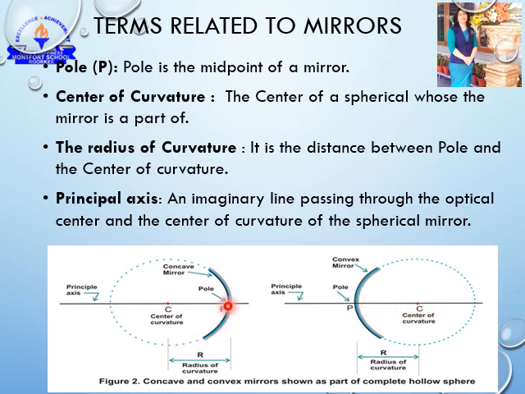Now we have understood what pole is and what center of curvature is. An imaginary line which passes through center of curvature and pole is known as principal axis.